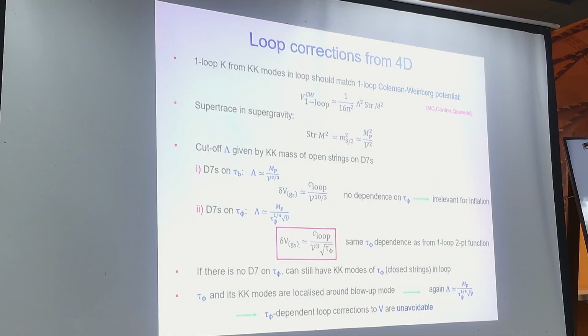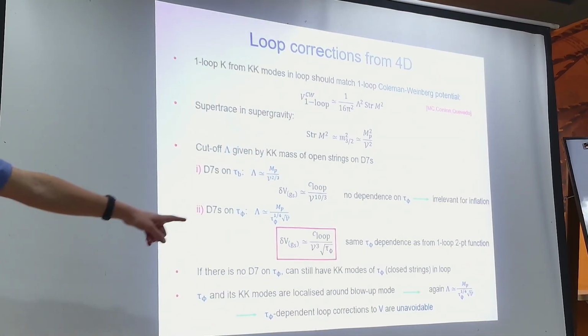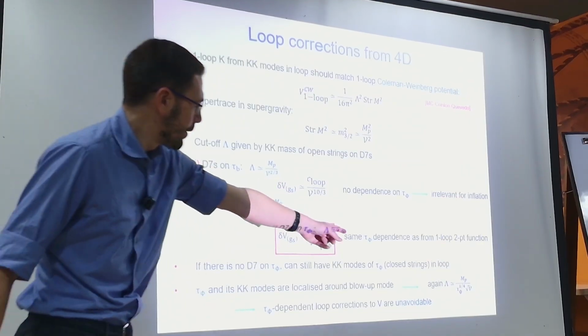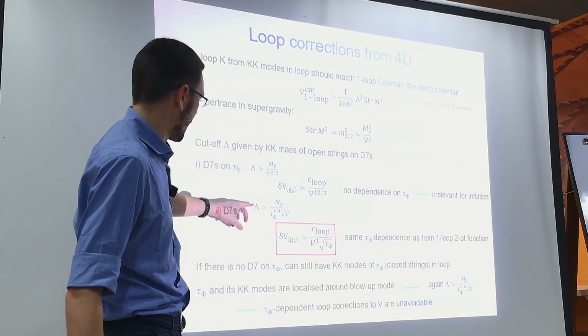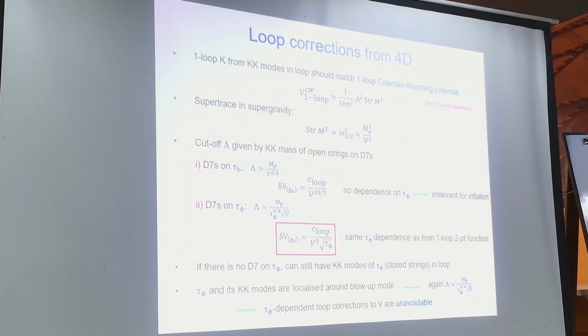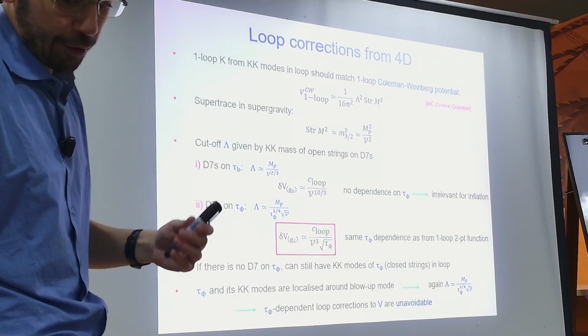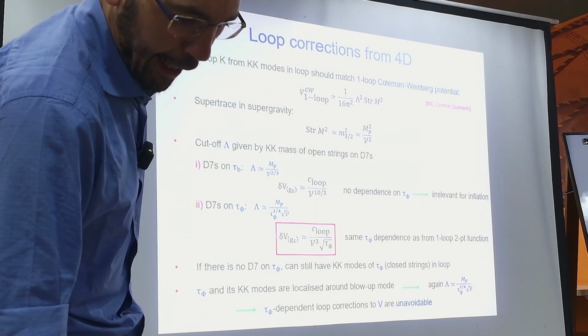This can be there, and these are expected also to be localized around this blow-up mode. And again, you compute the cutoff lambda in the same form, and you get again the same dependence. So somehow it seems that these loop corrections are really unavoidable, and you need to include them.